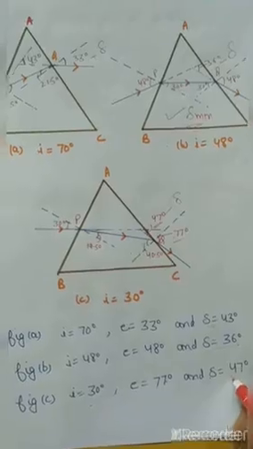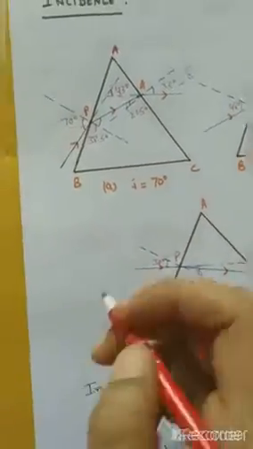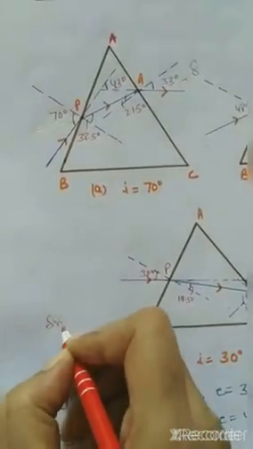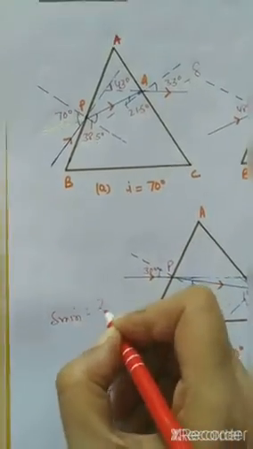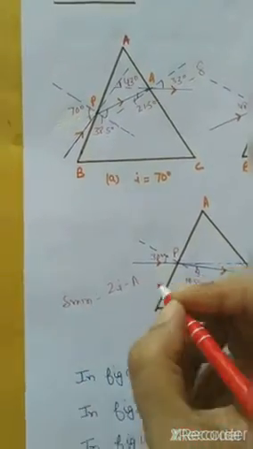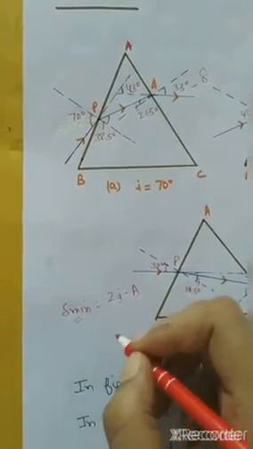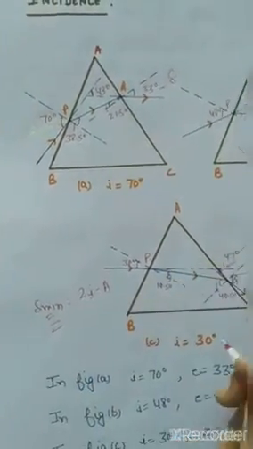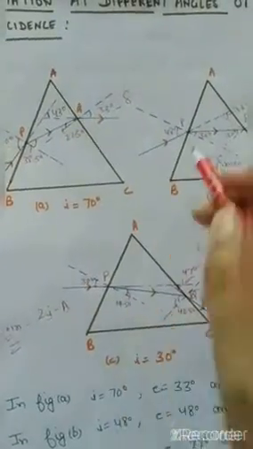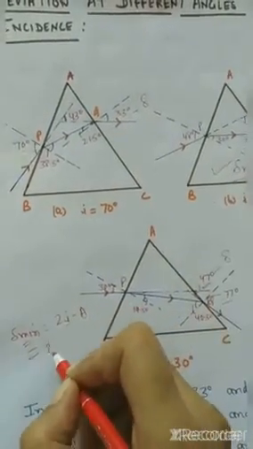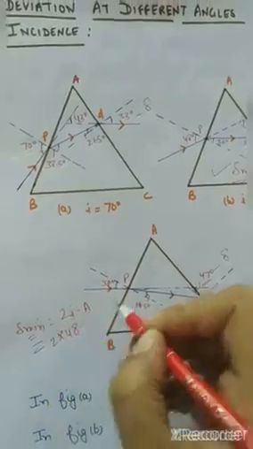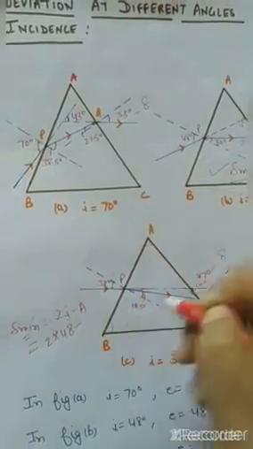And delta minimum, just now we discussed the formula for delta minimum. So delta minimum you can find by 2I minus A. If the angle of the prism is given and the angle of incidence is given, then we can find the minimum deviation. Suppose we are finding it for the angle of incidence in this case, so this will become 2 into 48 minus A, suppose this is an equilateral prism.